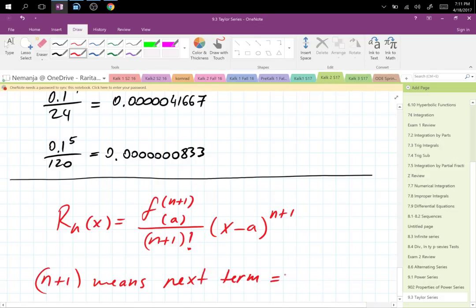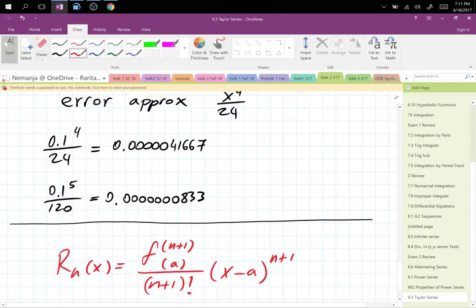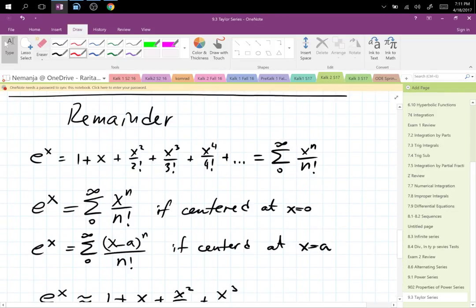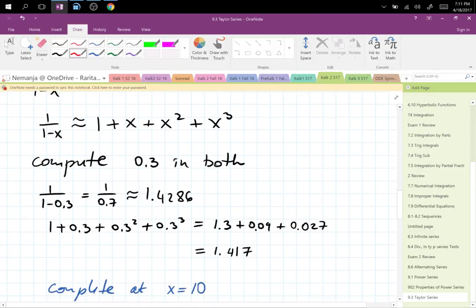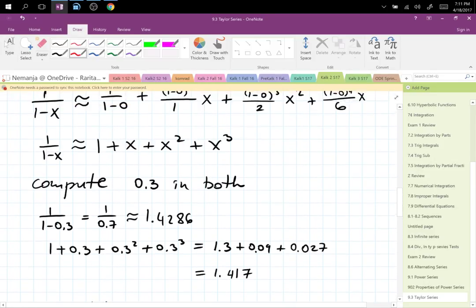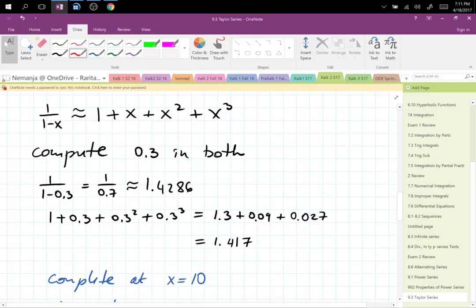I'll just say it equals the first term we throw away. So that will be the first term we throw away. I did calculations over here for this function, 1 over 1 minus x.